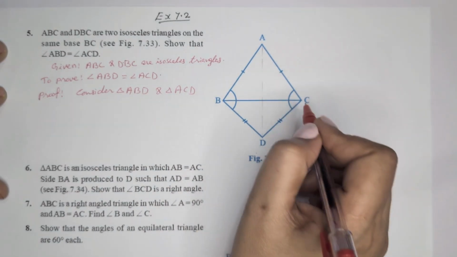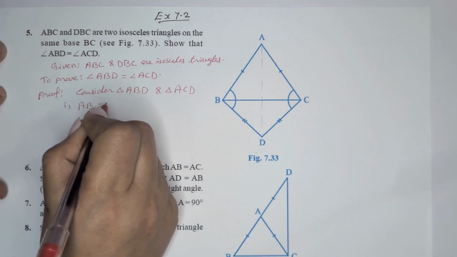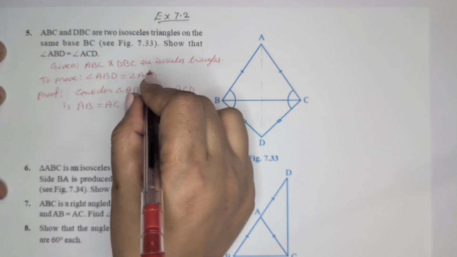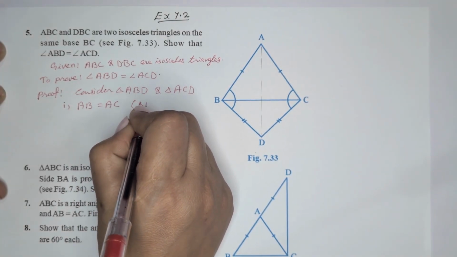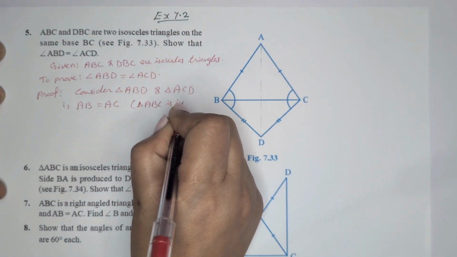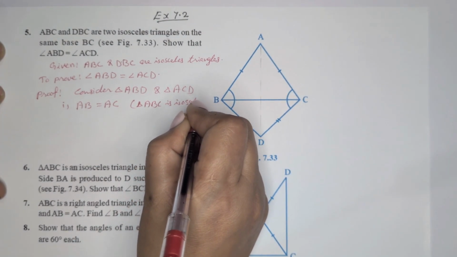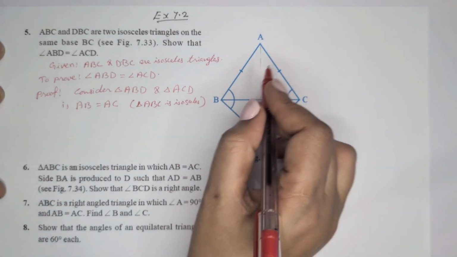In that AB is equal to AC. First condition, AB is equal to AC. Reason, ABC is an isosceles triangle. Isosceles triangle, therefore AB is equal to AC.